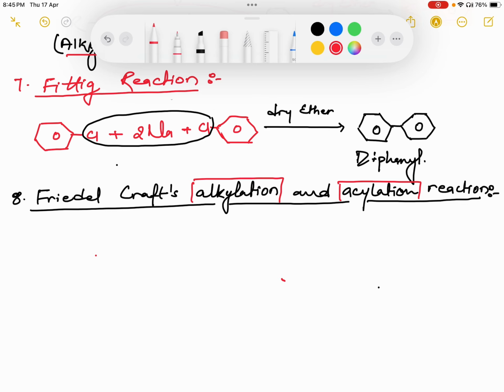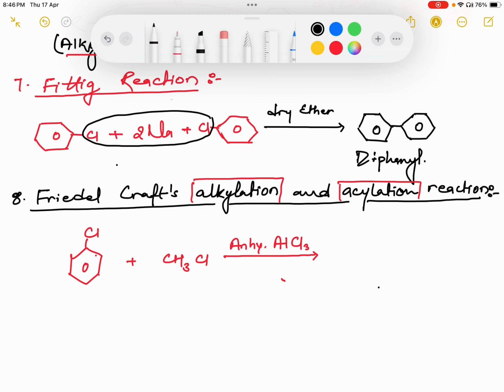Okay. So what we basically have is a chlorobenzene, and if we are treating it with alkyl halide CH3Cl, the necessary condition, like in Wurtz reaction and Grignard reagent where dry ether needs to be there, for this we need anhydrous AlCl3.